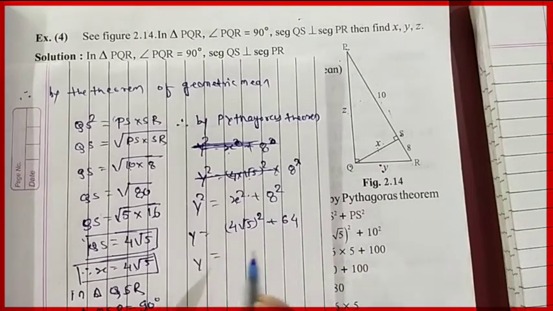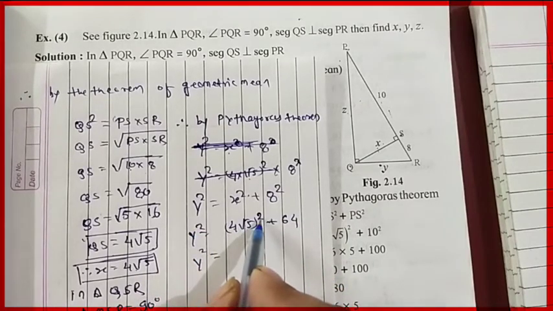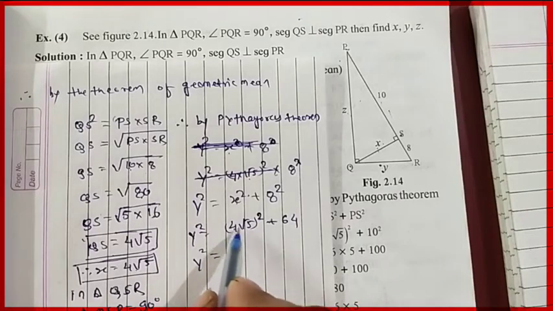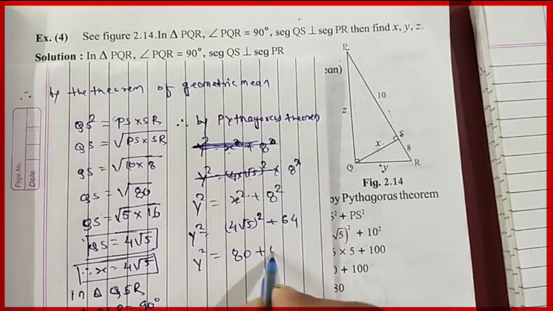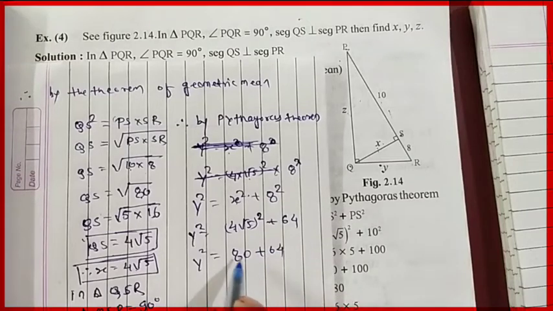So y square equals, see, the square of 4 is 16, and 16 into 5 is 80. So it will become 80 plus 64. So y square equals 80 plus 64, which is 144.